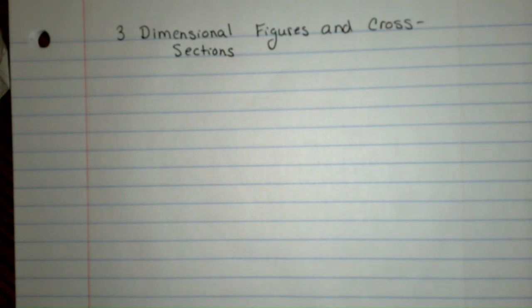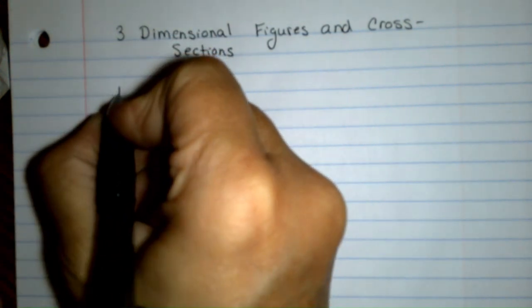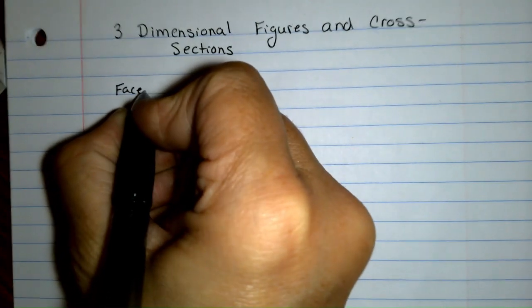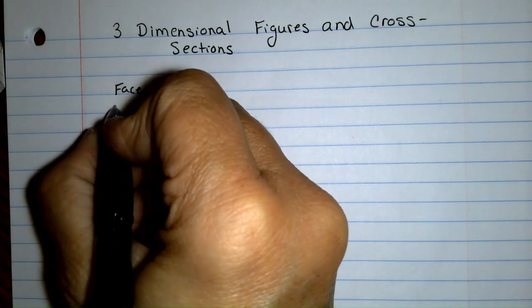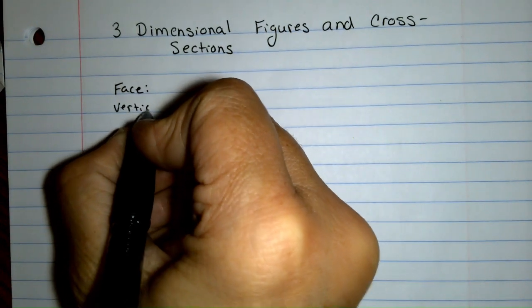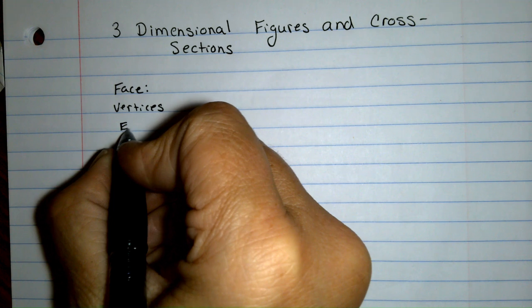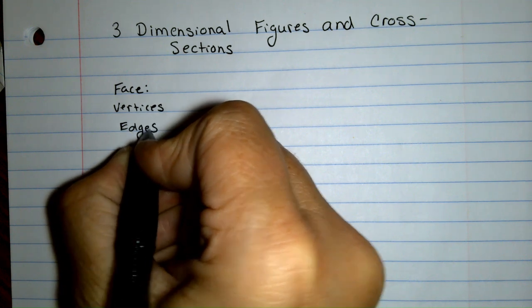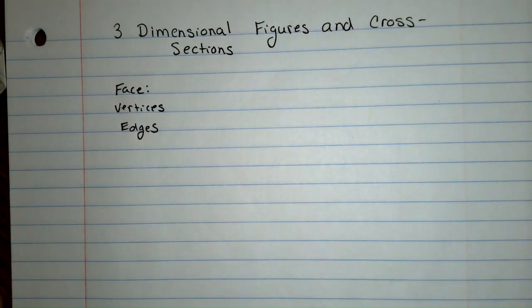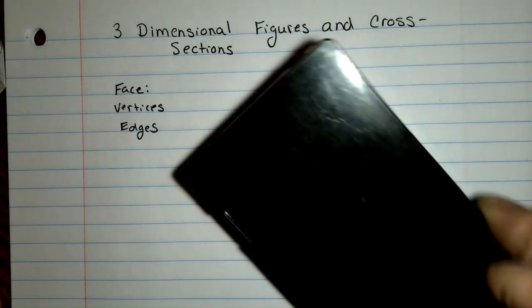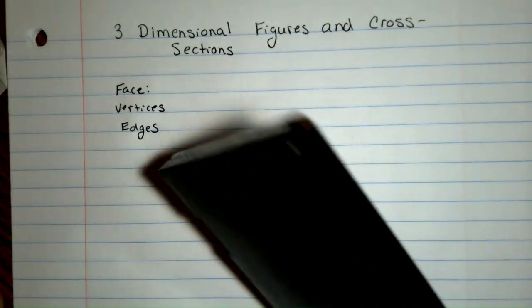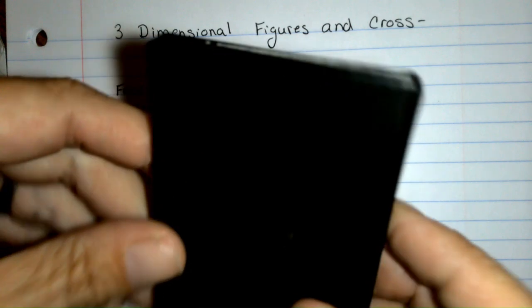So when it comes to three-dimensional figures, we have the face of each side, the vertices, and the edges. I do happen to have my little compact mirror here, so it happens to be 3D. It's got a little bit of thickness, not much.